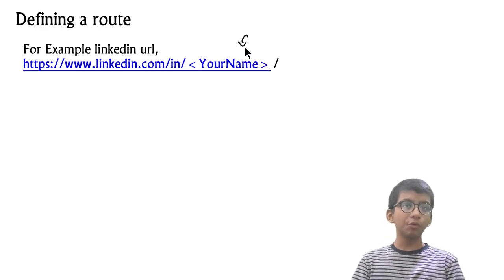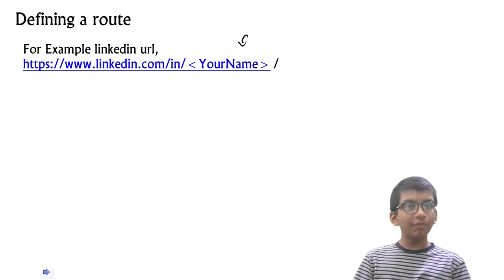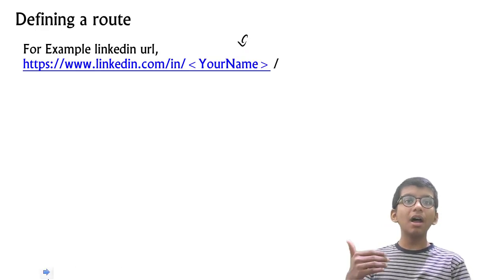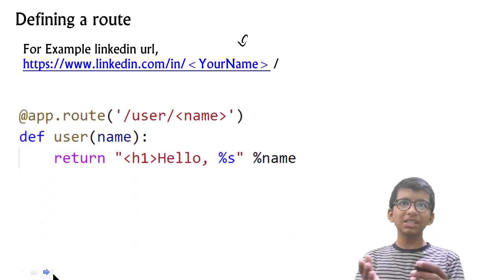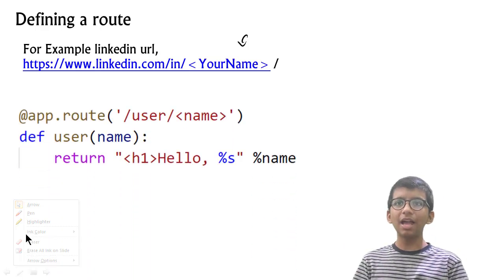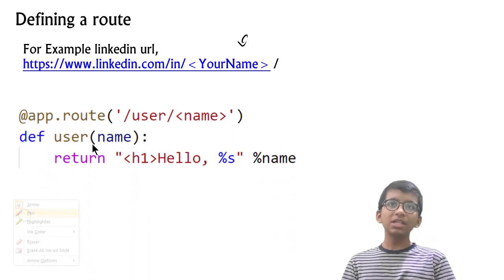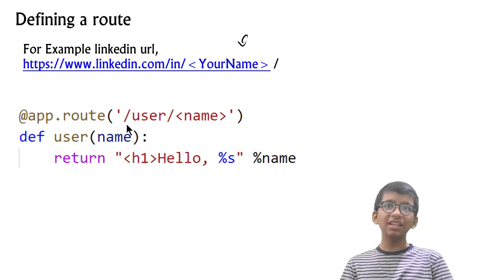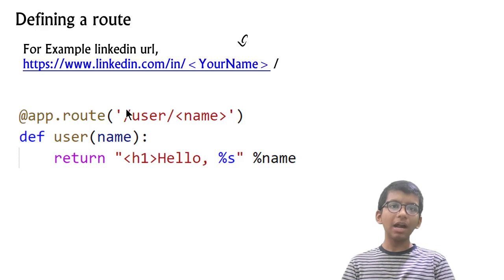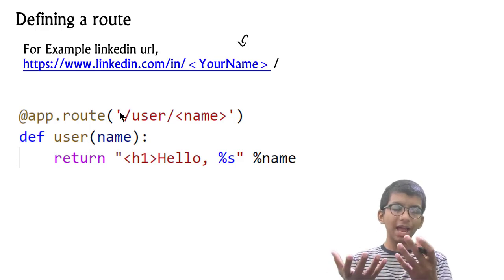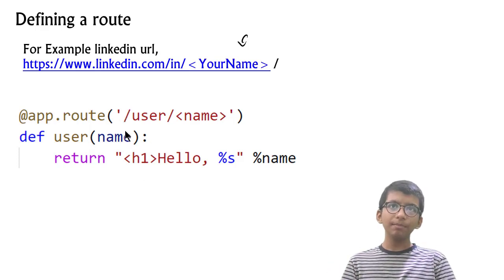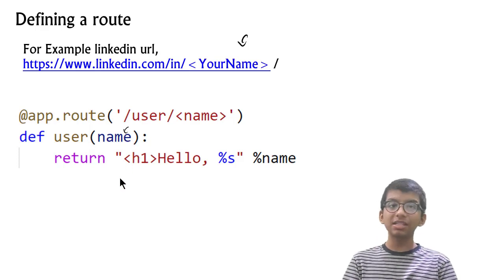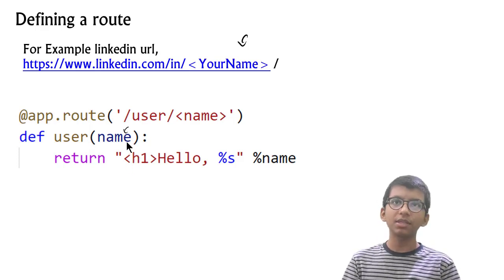So Flask also supports this. How does it support it? We simply make a route with this kind of decorator, and our function user will take the name as a parameter or argument.